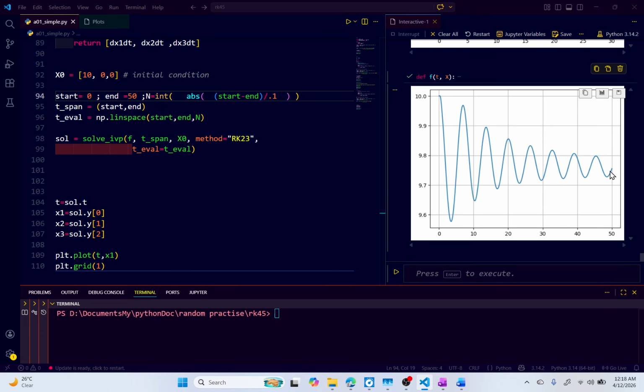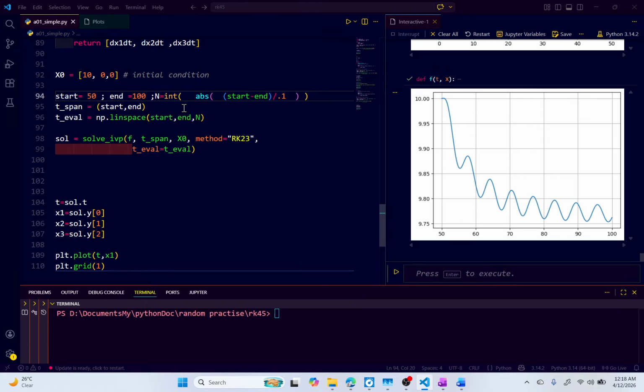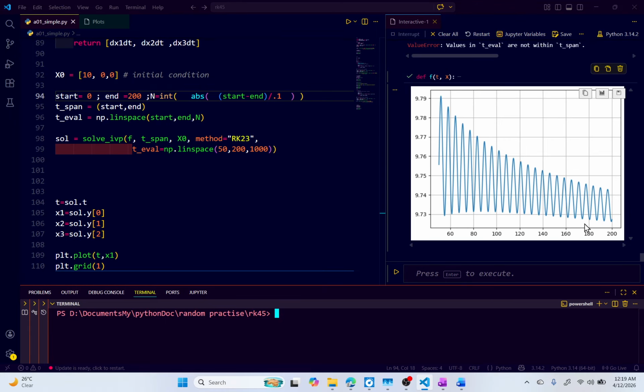So it's approaching to maybe 9.73 or 4. Let me take 50 to 100. So you can see the function looks like this. It's approaching to a value around 9.73, but whatever.